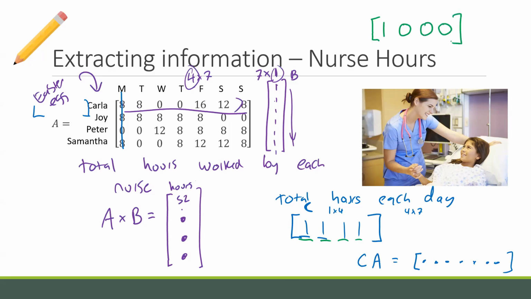I want to show you why. If you multiplied by 1, 0, 0, 0, you would have 1 times Carla, which is 8, plus 0 times Joy, plus 0 times Peter, plus 0 times Samantha. Then the next one you'd have 8. So you would still end up with a 1 by 7, but all of these would be Carla's hours.